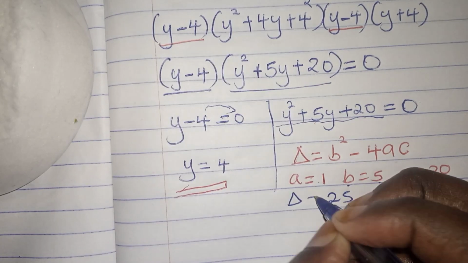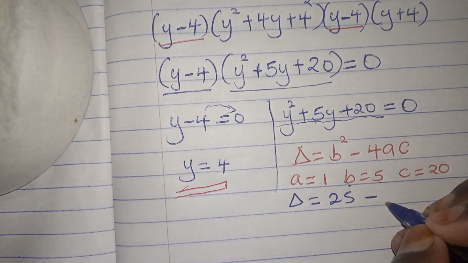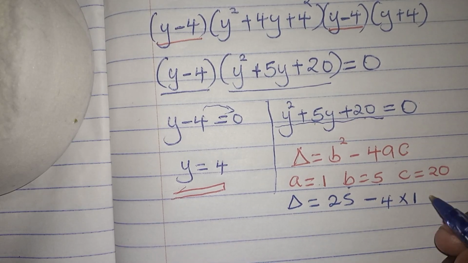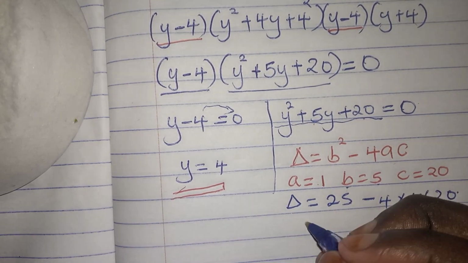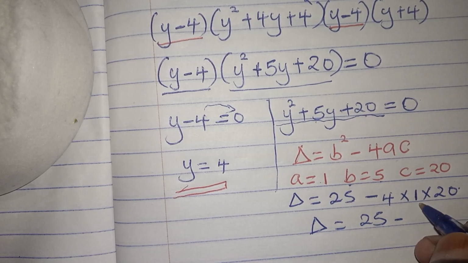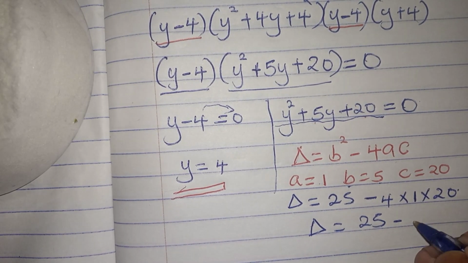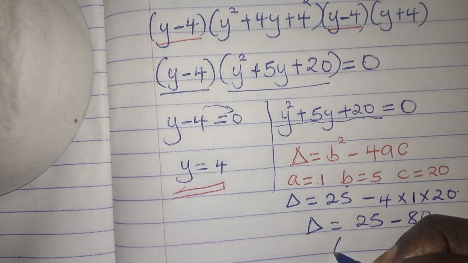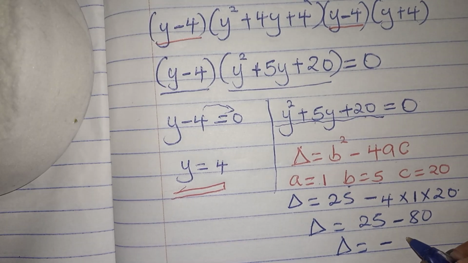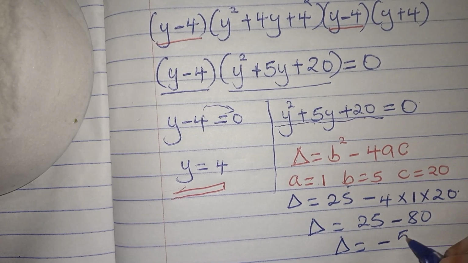So delta is equal to 25 minus 4 times a, which is 1, times c, which is 20. So delta is equal to 25 minus 4 times 20, this gives us 80. Delta is equal to 25 minus 80, this gives us negative 55.